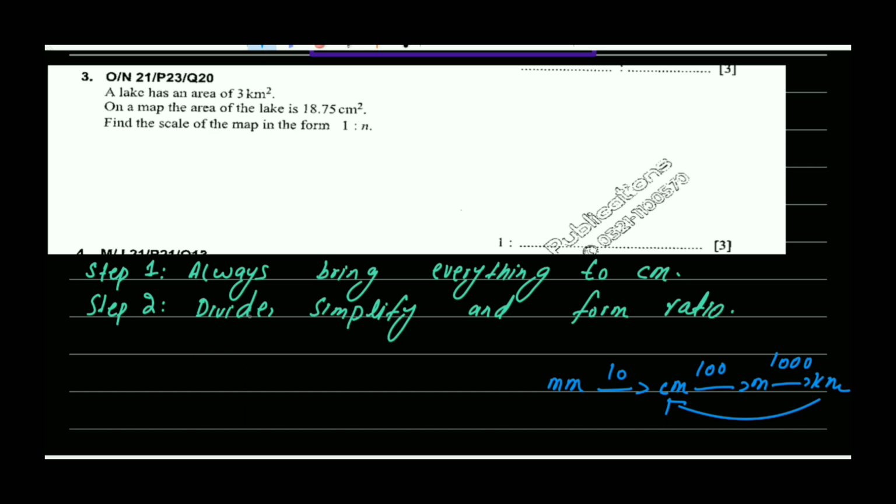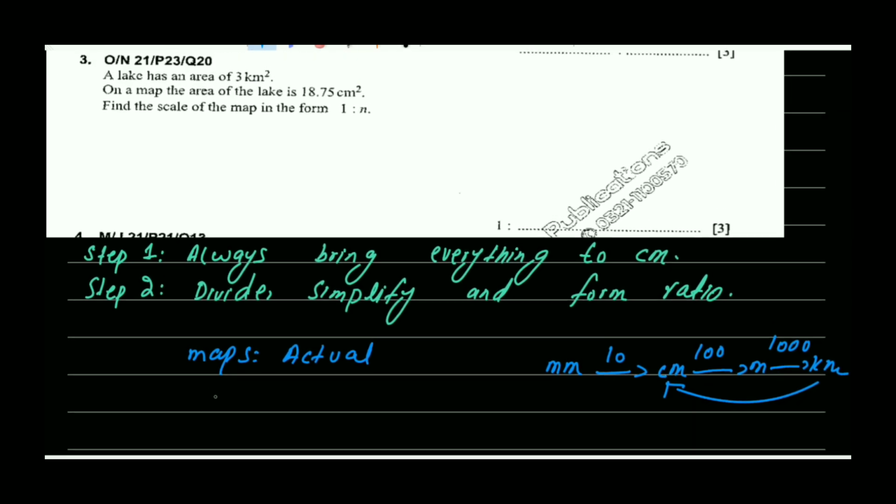So first of all, the sequence of writing maps and scales is, first we will write map, then actual. So the ratio in map is 18.75. The area in map is 18.75 and actual is 3, that will be multiplied with 100,000 two times, because we are going to convert it in centimeter square.